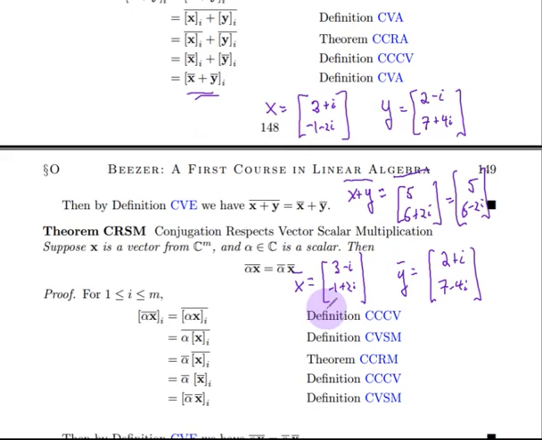And if you take the sum of these two, conjugate of x plus conjugate of y, so I'm just going to take the direct sum: 3 plus 2 is 5, minus i plus i is 0. On the bottom, minus 1 plus 7 is 6. 2i minus 4i is minus 2i, and lo and behold, I get the same result no matter which way I do it. All right, so that's the only thing that's being stated here.